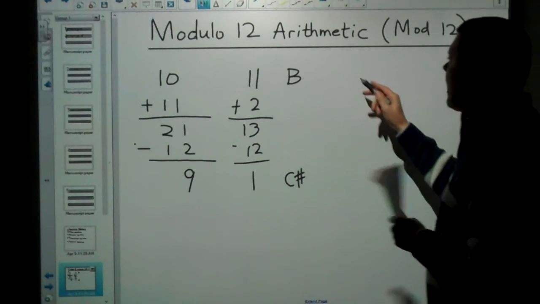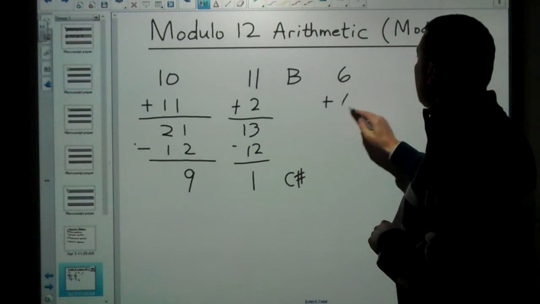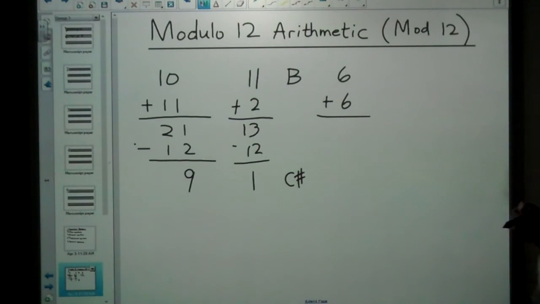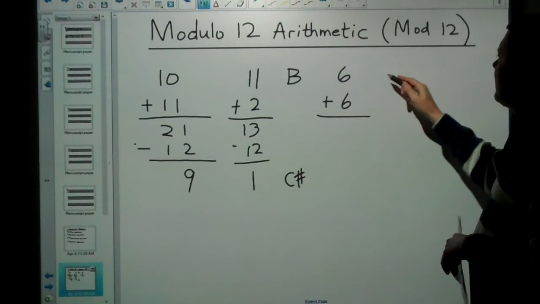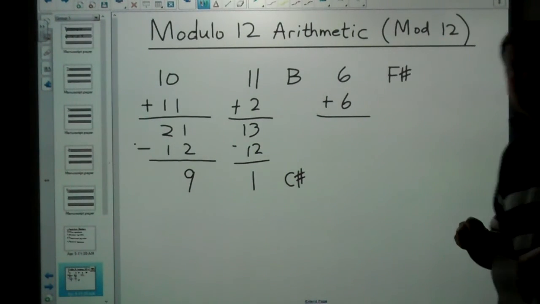Let's try another one. How about pitch class integer 6 and going up 6 half steps from that? You can think of pitch class integer 6 as F sharp or G flat.